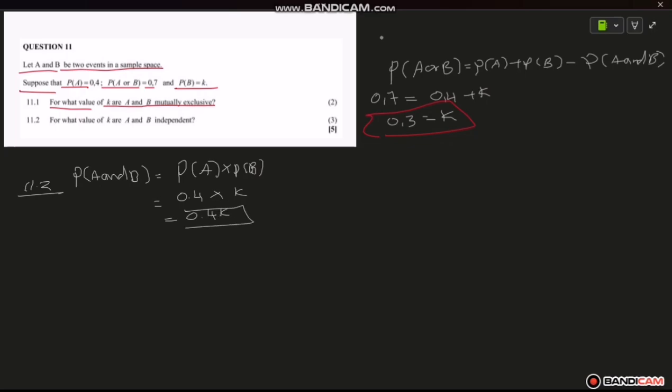Therefore, we can use the general rule and substitute this value where there's P of A and B, so that we can determine the value of K where events A and B are independent.